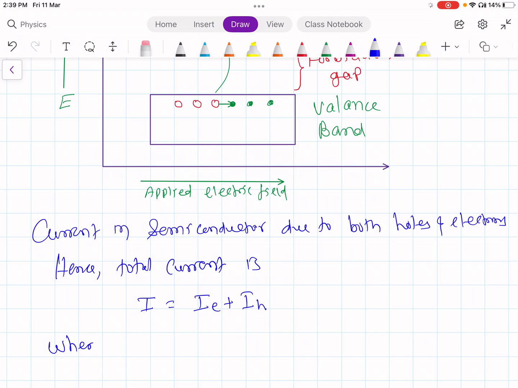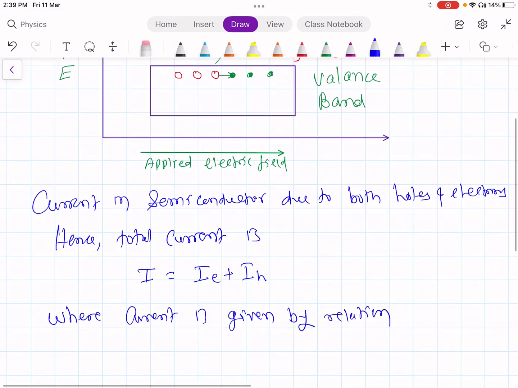The current is given by the relation I equals the number of charge carriers into cross-sectional area A into charge Q into drift velocity Vd.